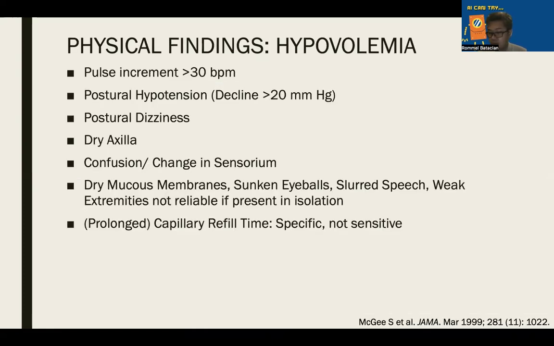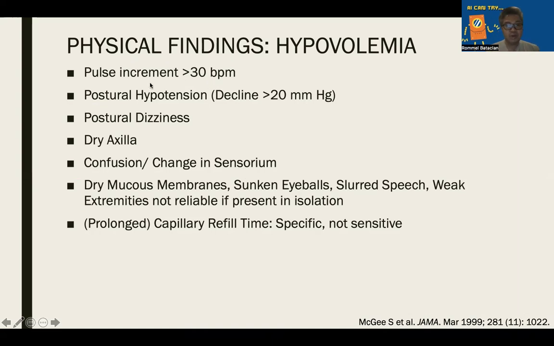So now, going back to the acute kidney injury, as I mentioned, it's pre-renal. So hypovolemia, as I mentioned earlier in the first lecture, the pulse increment is important, meaning there is a significant increase in the heart rate of more than 30 from sitting to standing position.